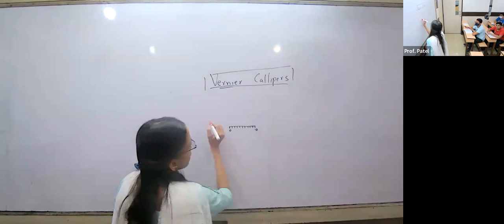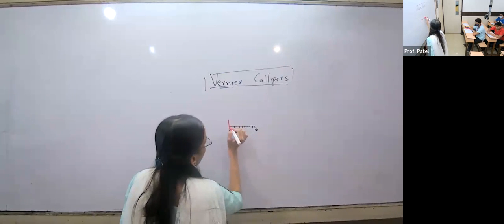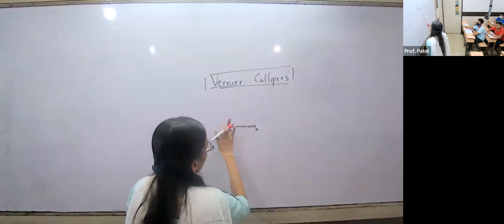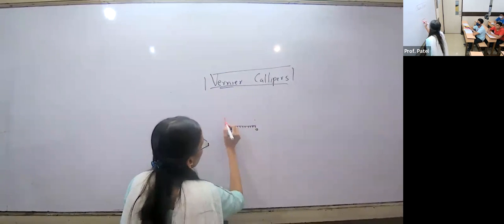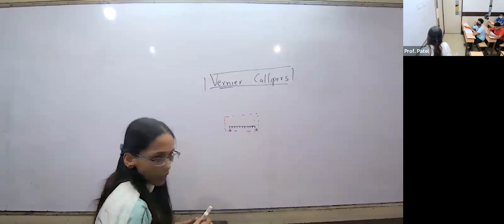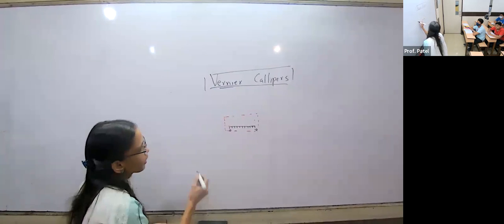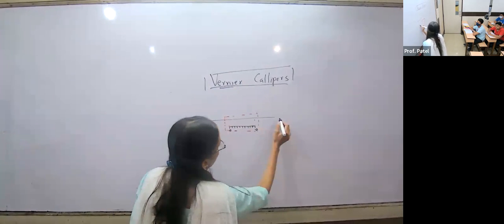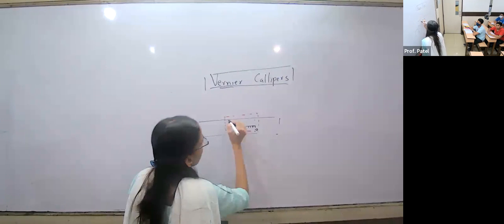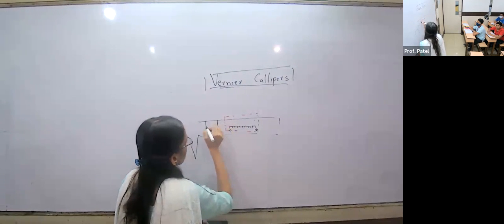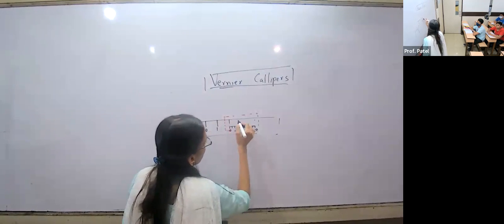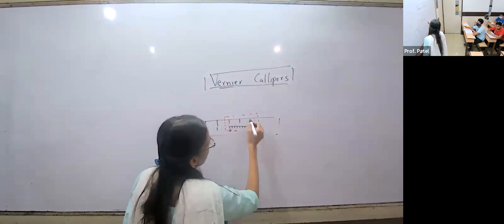And this thing overlaps on my main scale jaw. You remember there was a main scale jaw. So main scale lines were like this: this is 0, this is 1 centimeter. Let's say there is 2 centimeter over here, let's say 3 centimeter, let's say 4 centimeter.